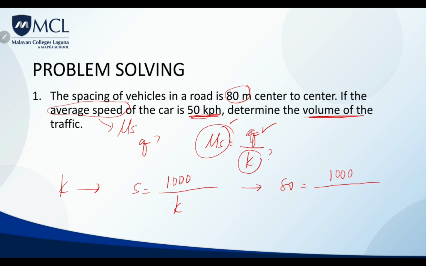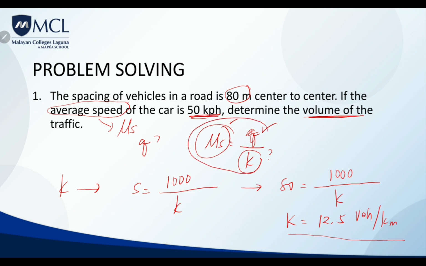We proceed directly to the formula and we can solve for K in vehicles per kilometer. So, that is 12.5 vehicles per kilometer. And we can now solve for the value of Q.